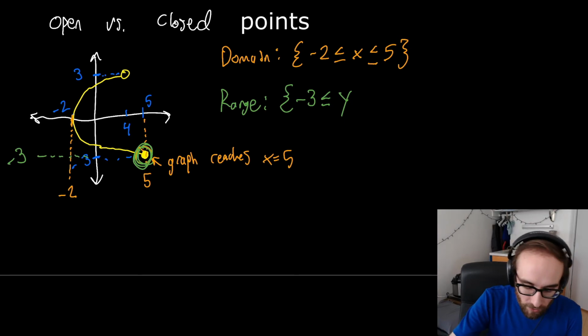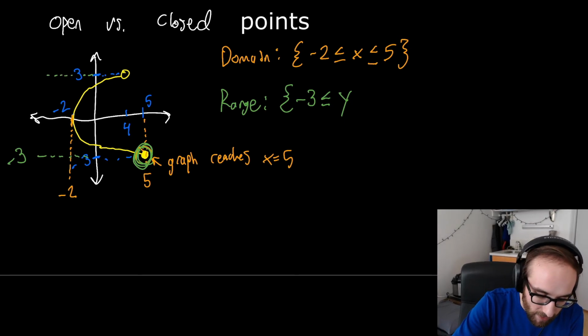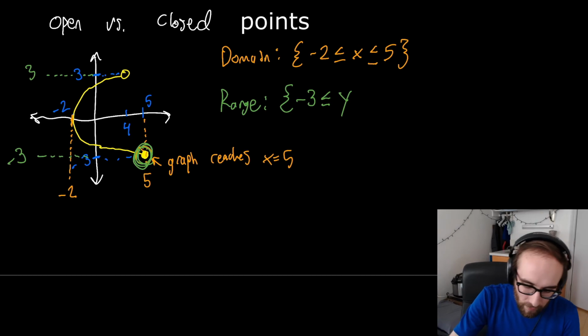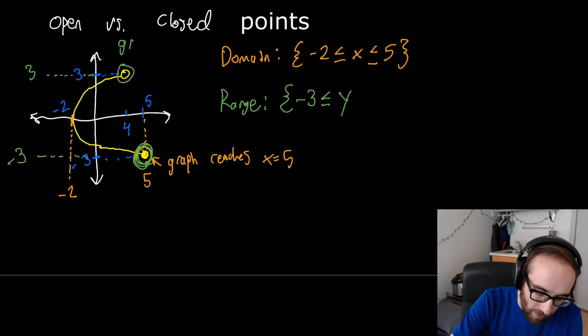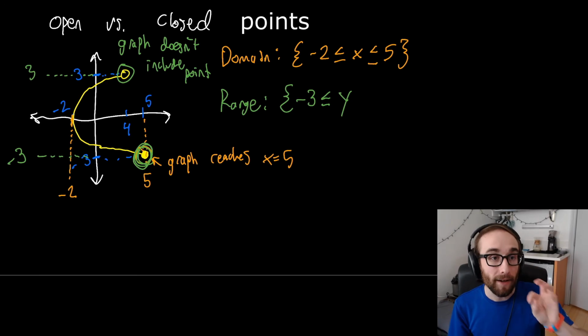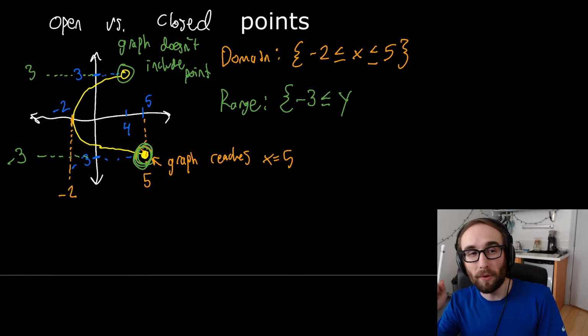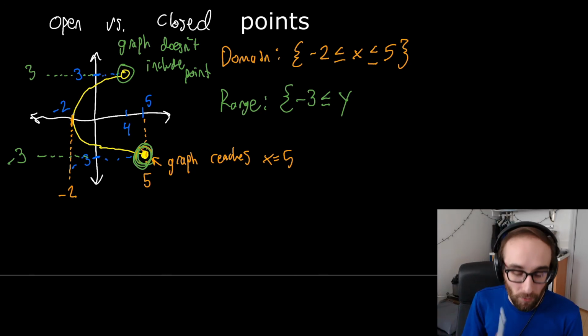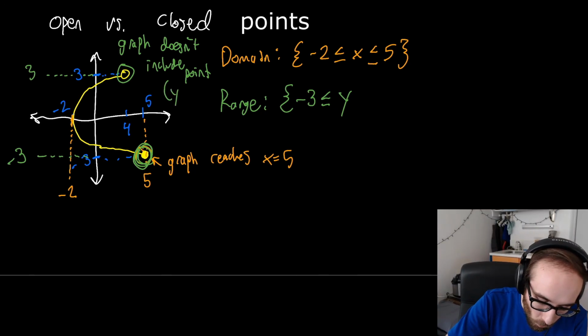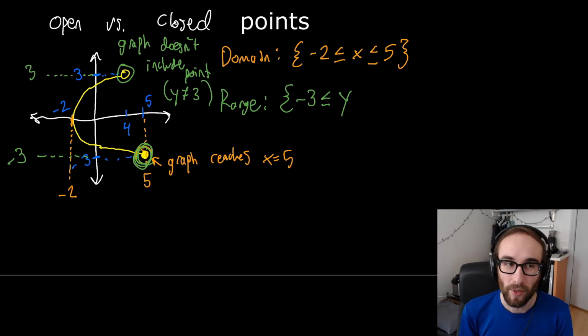But the open circle at the top, so notice 3 is our maximum y value. The open circle is saying that our graph doesn't include this point. So the graph gets really close to that point, but doesn't quite reach it. That means that y cannot be equal to 3. We don't actually reach a value of 3.